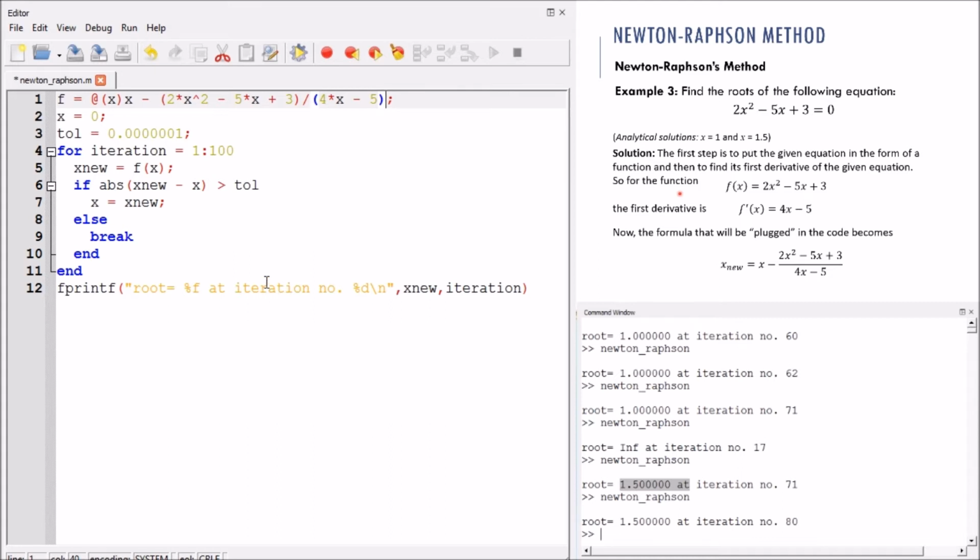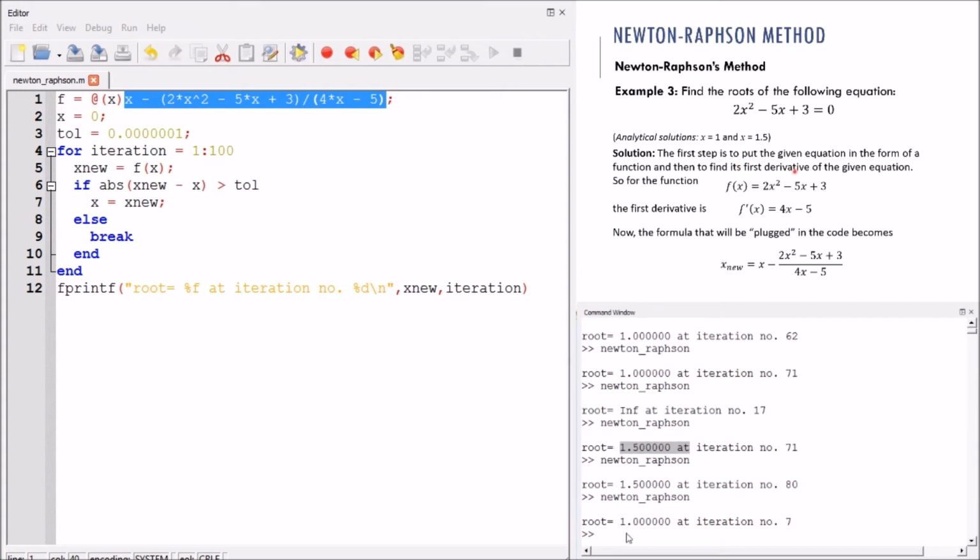So nothing else will be changed. Just here we change the formula, and let's run the code and see the output. In order to compare, I don't want to clear the command window. Wow.